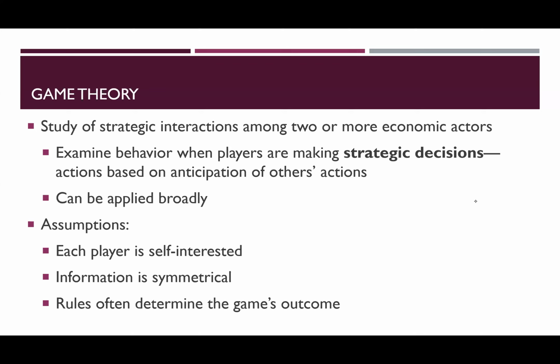Often in markets, people don't consider how their purchasing of a sandwich is going to affect the price of that sandwich, right? Or if you purchase the newest video game console, you're not considering how you're going to affect the price of that console, right? So we would not use game theory for those types of decisions.